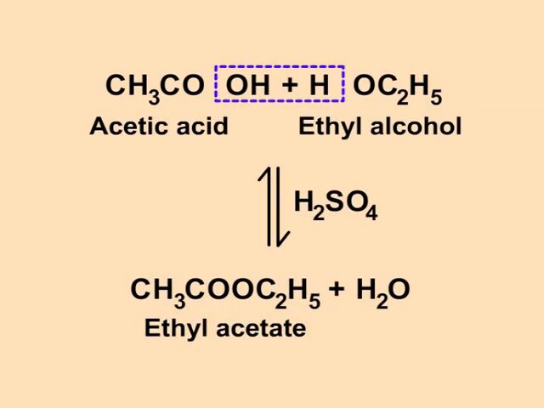Acetic acid reacts with ethyl alcohol in the presence of concentrated sulfuric acid to form ethyl acetate. The reaction exists in the equilibrium condition and does not go to completion unless a product is removed as fast as it forms.